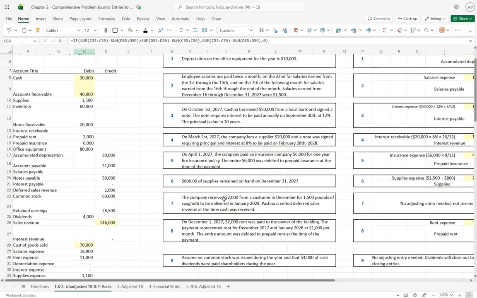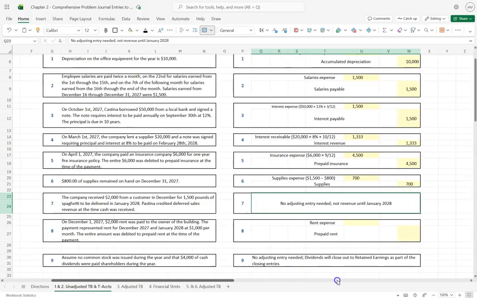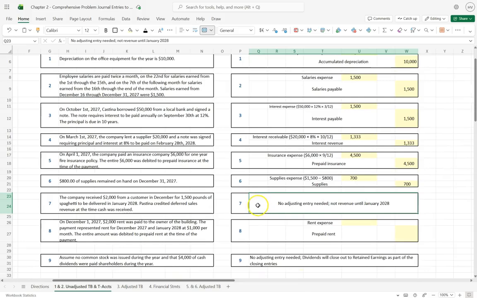But we have to account for the cash that we received. So at the time we received it, we would have debited cash for $2,000 and credited deferred sales revenue, which is a liability. Okay. And at December year end, there's no adjusting entry needed, because we don't recognize that revenue until January 2028. And at that time, we will reverse our deferred sales revenue amount and recognize the revenue.